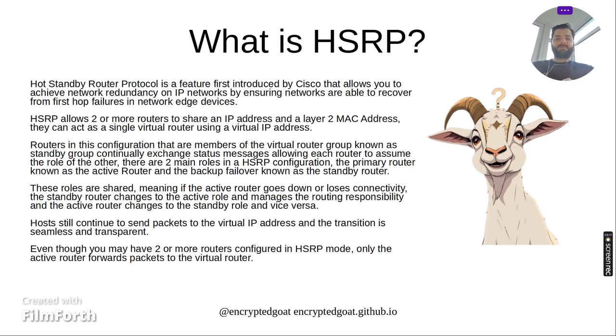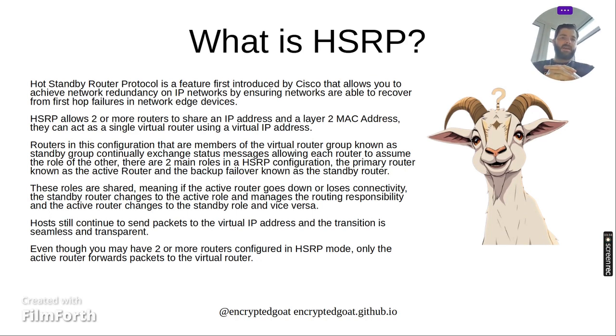Even though you may have two or more routers, one thing to take into consideration when designing your topology and network layout is that in HSRP mode, only the active router forwards the packets to the virtual IP, the virtual gateway. This is something to take into account if you've been given budgeting plans.